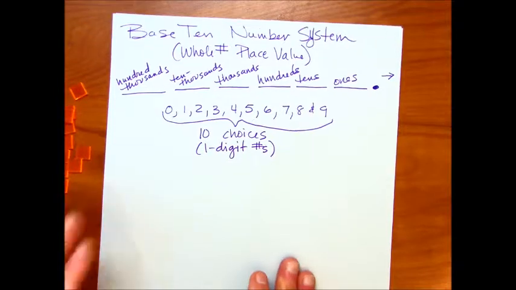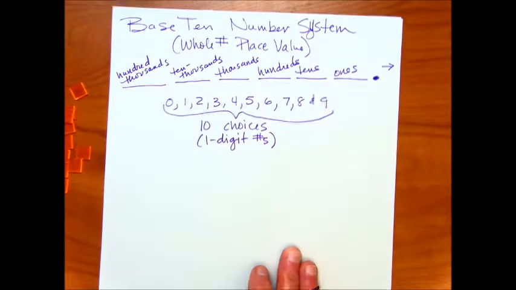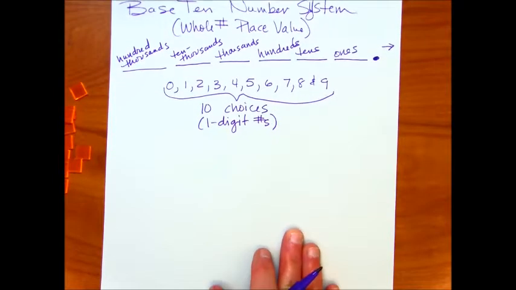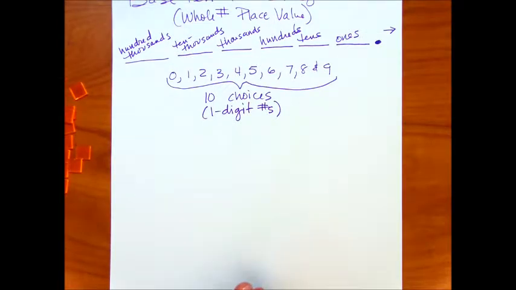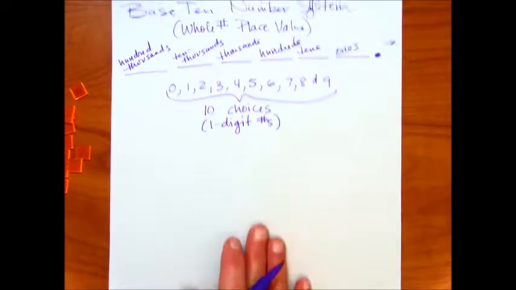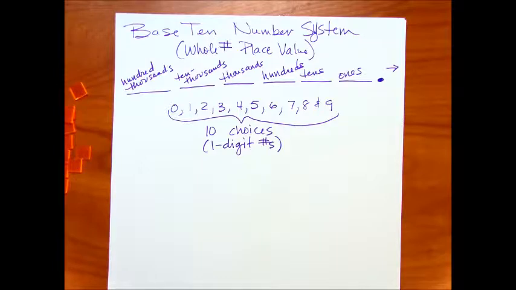Now I'm going to show you using base 10 blocks how we represent numbers. The reason I'm doing this is I want to help you develop some conceptual understanding of our base 10 system.